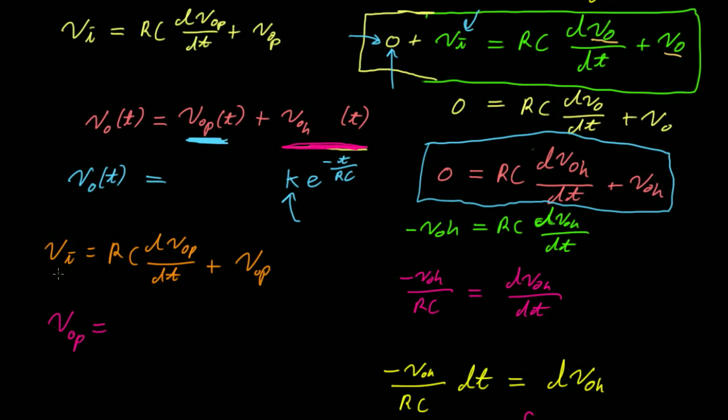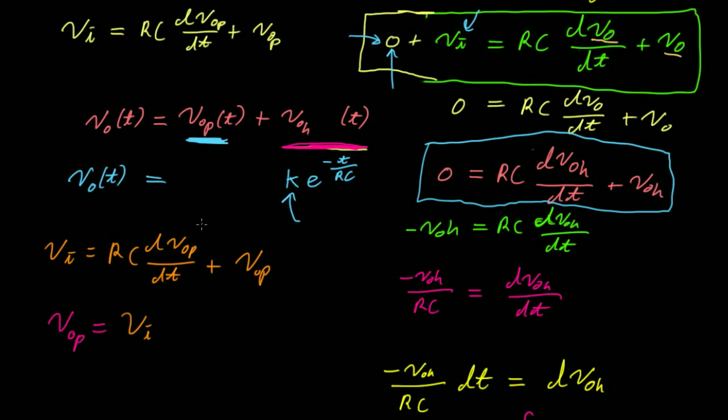But where I'm going to start here is, what if we said our V out particular was just equal to VI? We're going to substitute in for VOP and say that that was equal to VI.